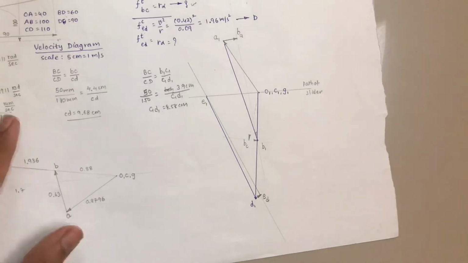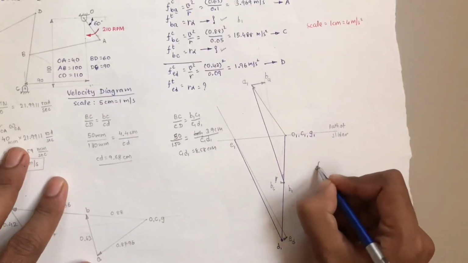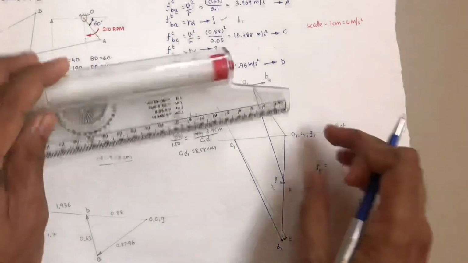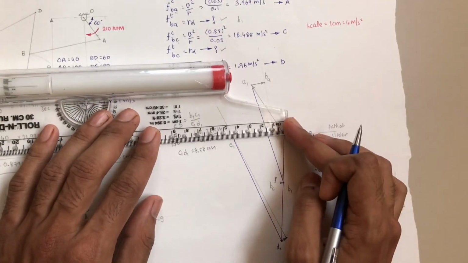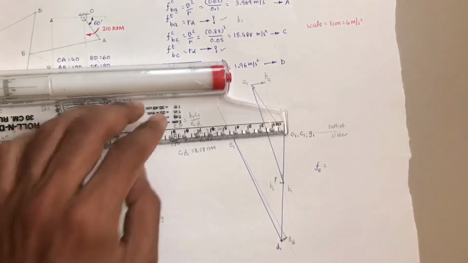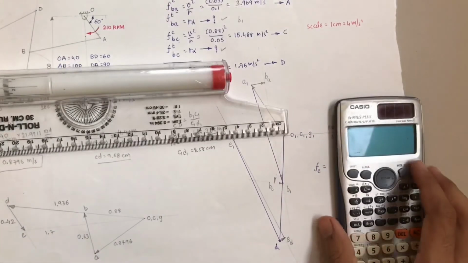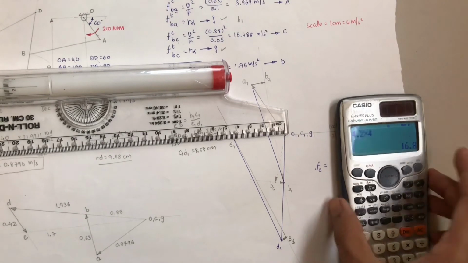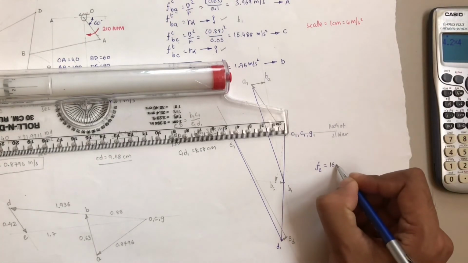Now if it is required to find the acceleration of the slider, so acceleration of the slider means E with respect to fixed. Let me measure with respect to fixed, it is 4.2. So according to the scale it is 4.2 multiplied by 4, so that will be 16.8 meter per second square.